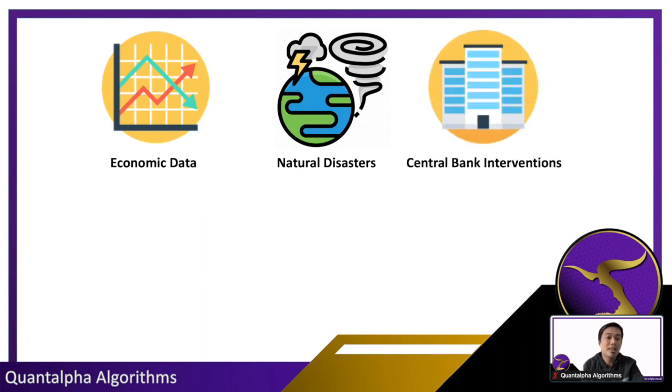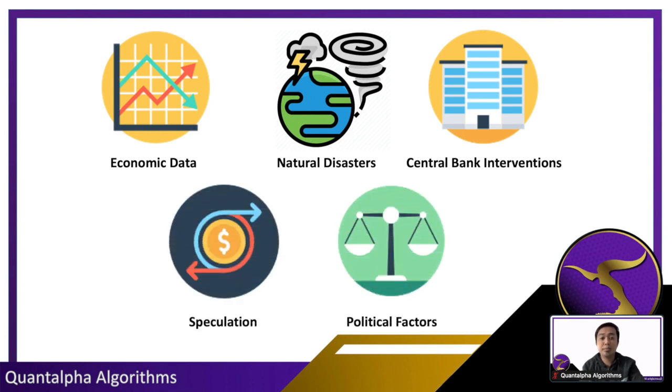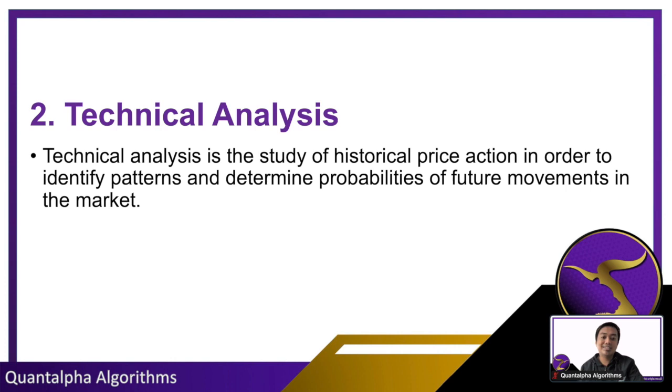Central bank intervention: if the central bank will hike rates, or make the rate lower, that has an impact too. Then speculation, and the political factors as explained a while ago and in our previous videos.